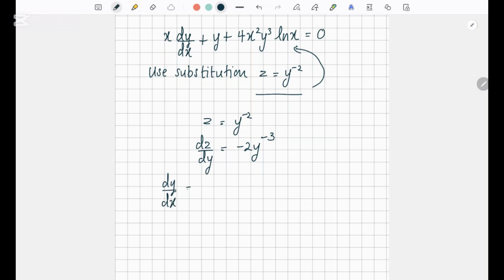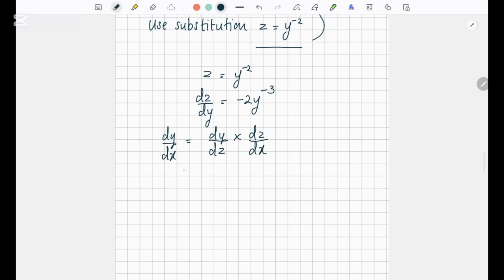So now dy over dx, you can write it as dy over dz into dz over dx, right? So dy over dx equals, now what's dy over dz? It's basically the reciprocal, right?